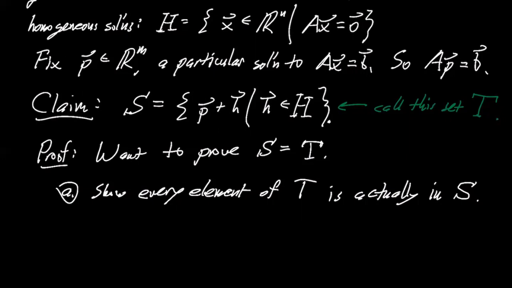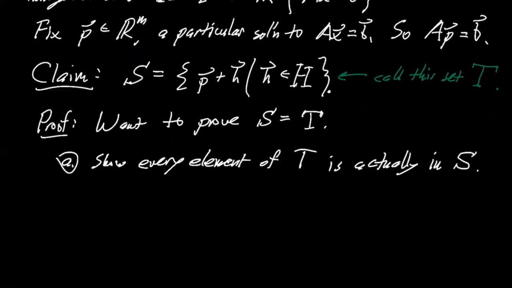And then a way to make that a little mathematical is to say that if x is in T, that implies that x is in S. Or another way to say this is that T is a subset of S, because I mentioned this subset notation before.